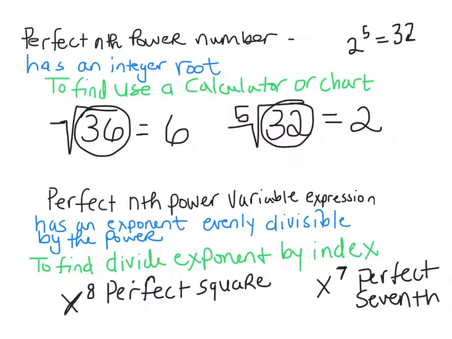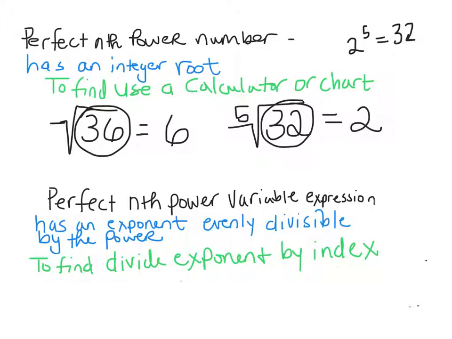Now the way that I find the root of a perfect power variable expression is I just divide the exponent by the index. So let's say that I have the cube root of x to the 12th, and I want to simplify that.